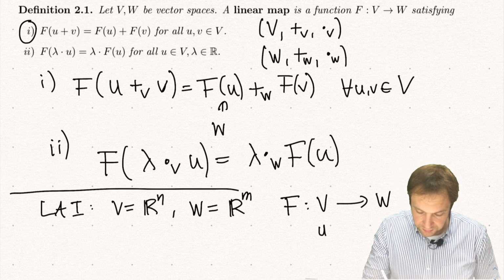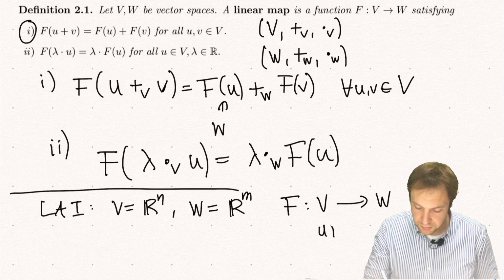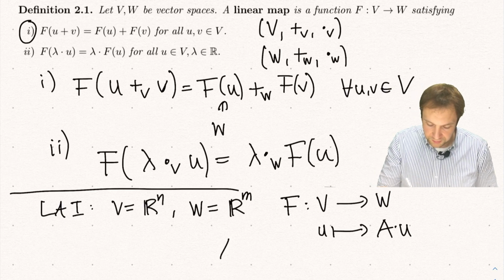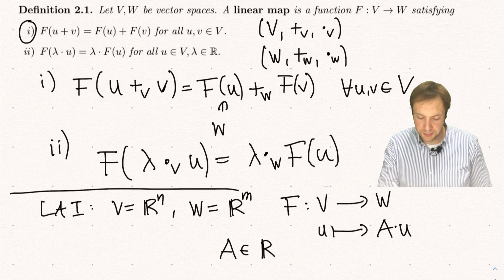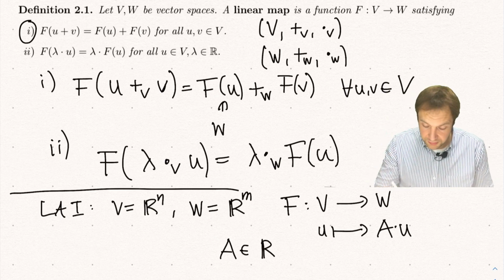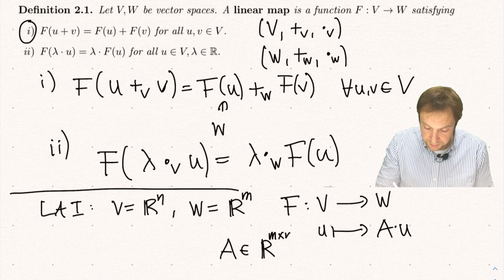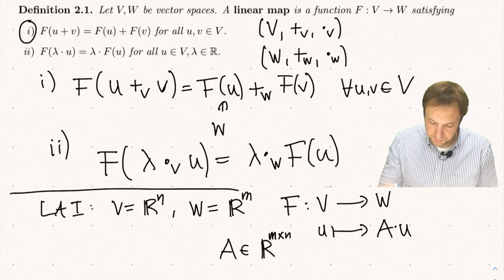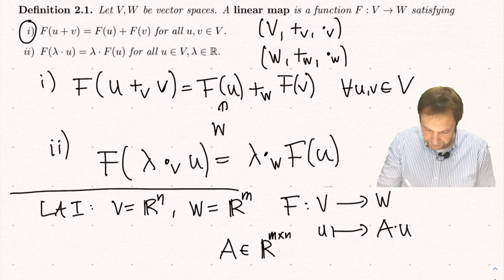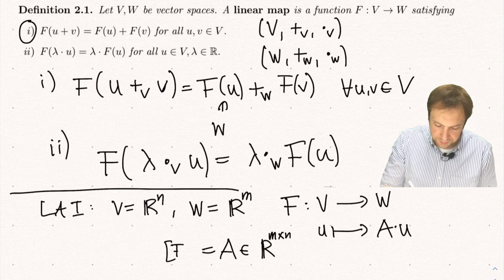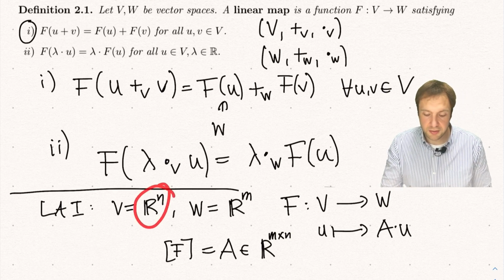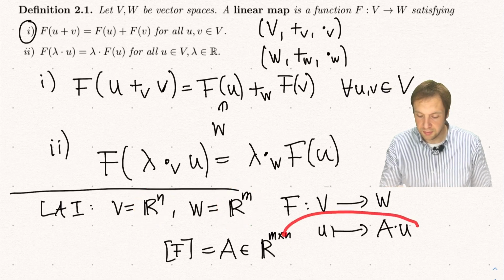So here I could take some element u and I send it to A times u, where in this case A was a matrix. So this I multiply with a vector of size n, so this needs to be an m times n matrix. But in the general setup, or maybe let's also say this A was also denoted the matrix of this linear map f, and we saw every linear map between Rn and Rm can be written in a form like this.